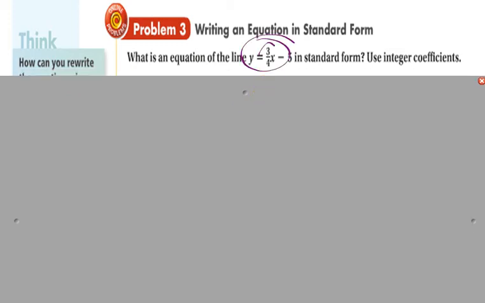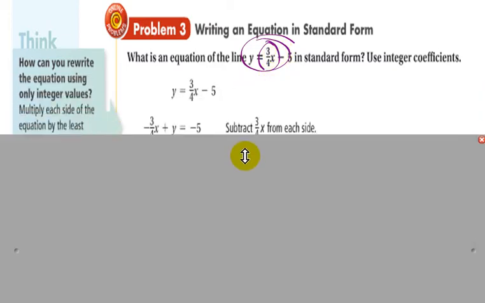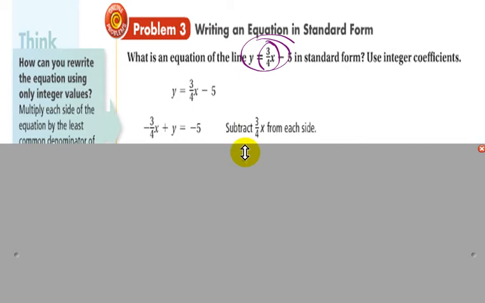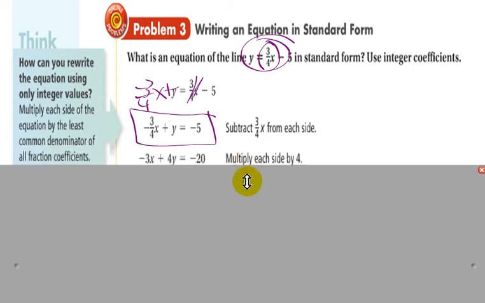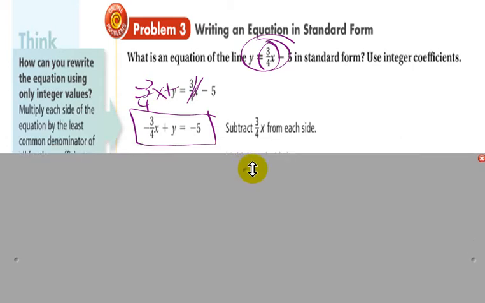So to get to standard form, we're going to have to subtract 3/4 x from each side. And when you do, that goes away, and you get a minus 3/4 x on this side plus y equals -5. And that's your answer.